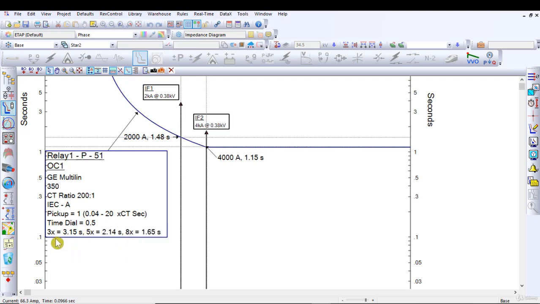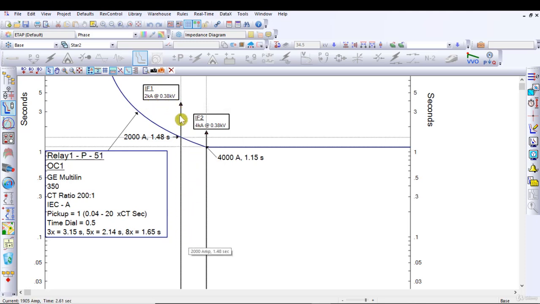So as we have seen, at 3 times, 5 times and 8 times of pickup current, the operating time for this relay is 3.15 seconds, 2.14 seconds and 1.65 seconds, which is matching with that Excel sheet. Now as you can see, this is the fault current arrow which shows 2 kiloampere of fault current.